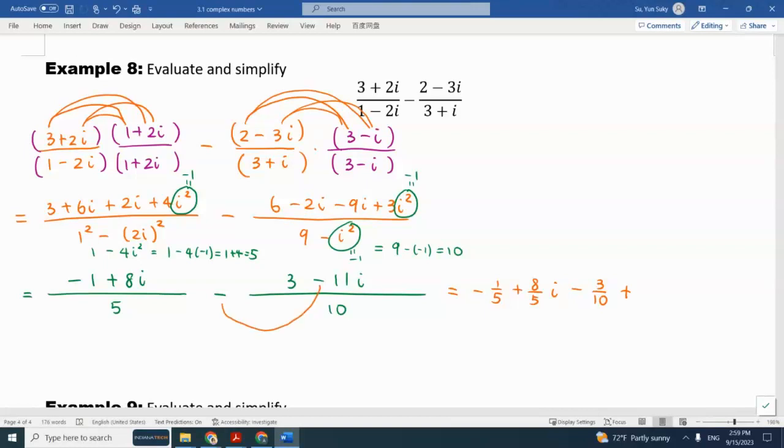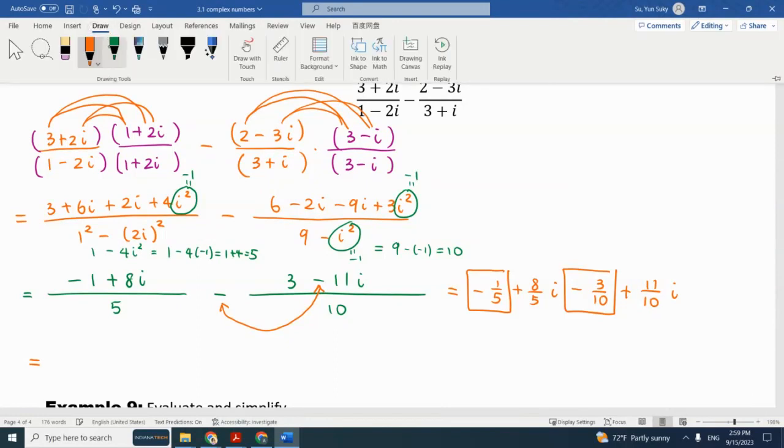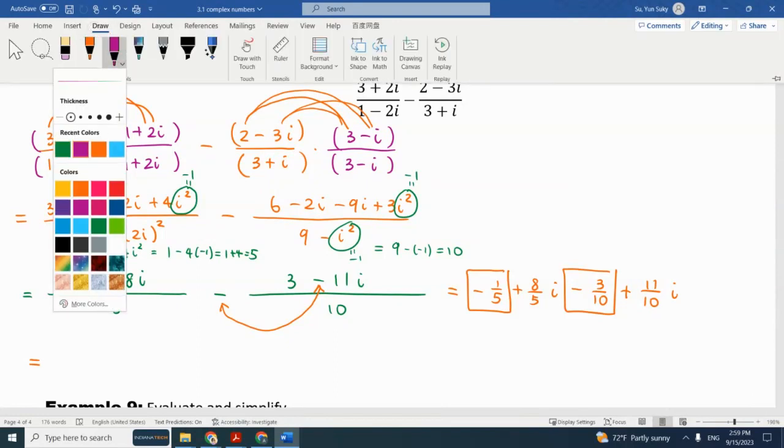Yes, because this negative and this negative, when you distribute, cancel, become plus 11/10 i. Okay, everybody? You combine the constants, right? What's the common denominator? 10. Right, everybody? How do you get 10?